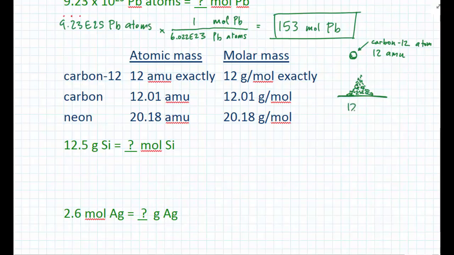Let's say this is 12.01 grams of carbon. And 12 grams, well, not 12.01, I'm getting ahead of myself. Let's say 12 grams of carbon-12. Well, let's stick with this one. Okay?